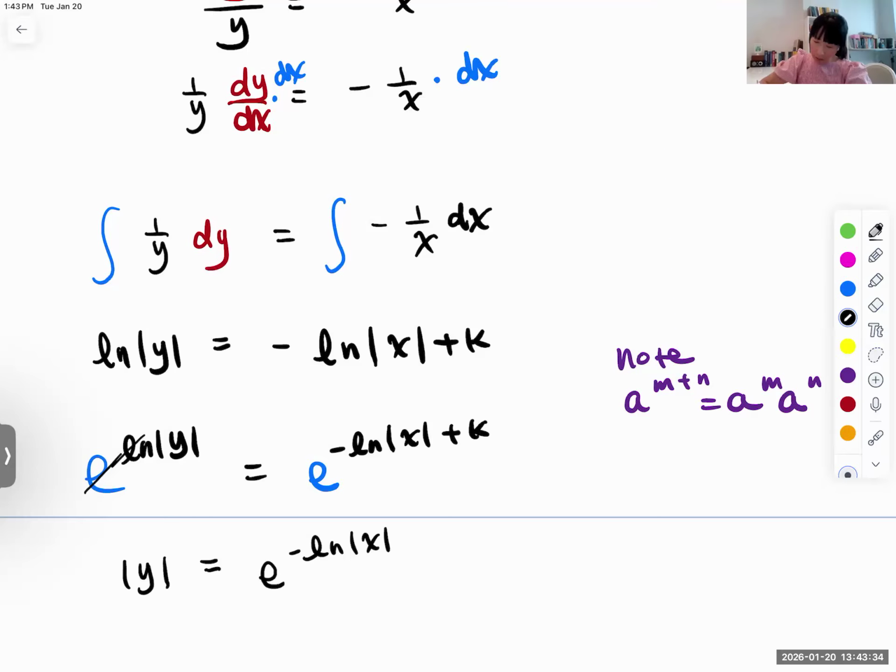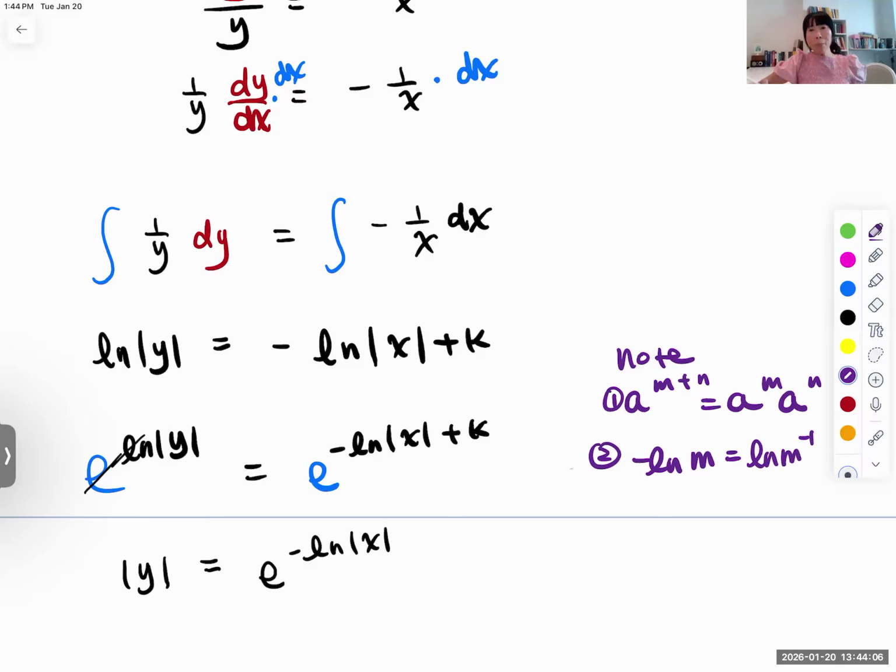So there will be negative, I want to say that natural log m, which is the same as negative ln m, which is ln m to the negative 1 power, right?